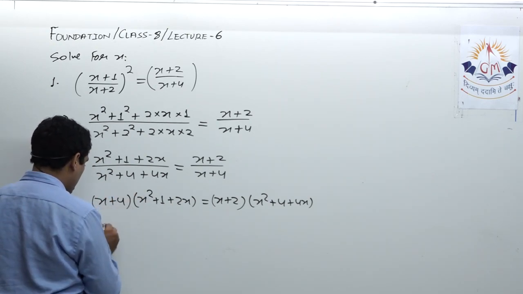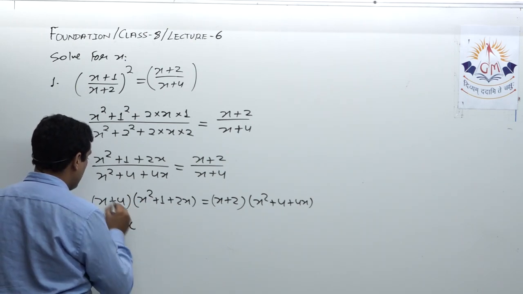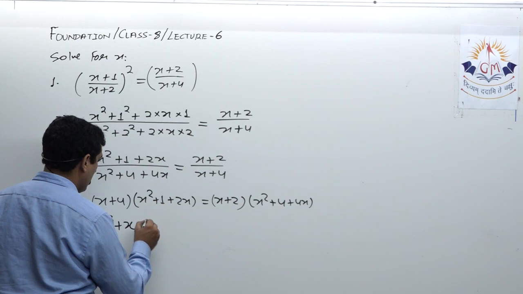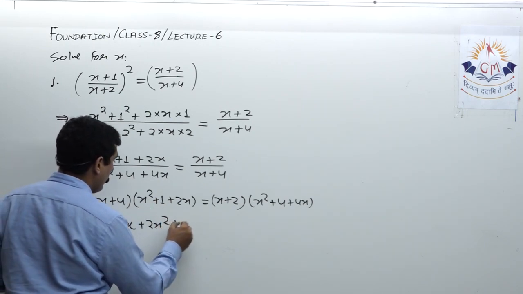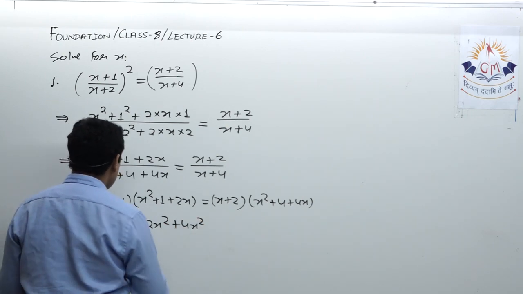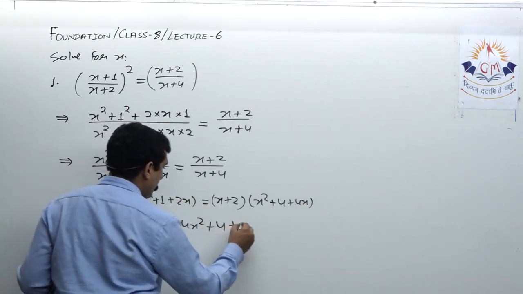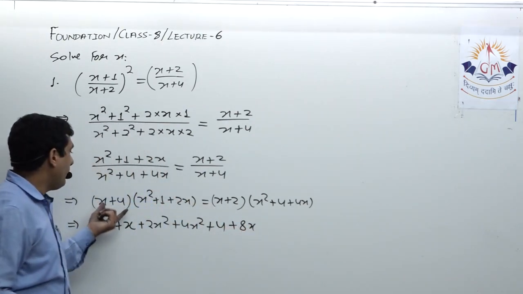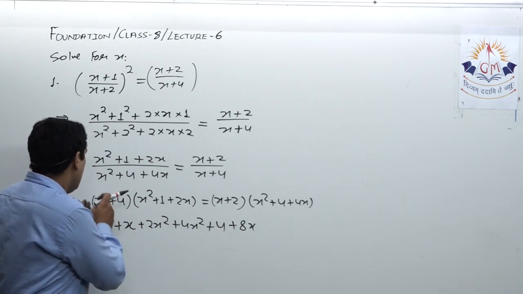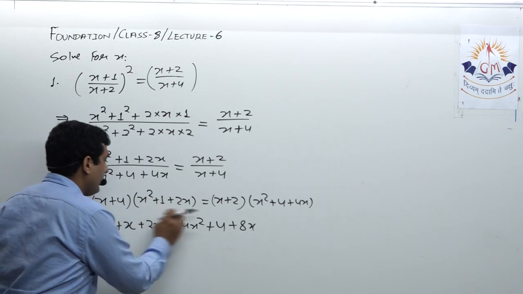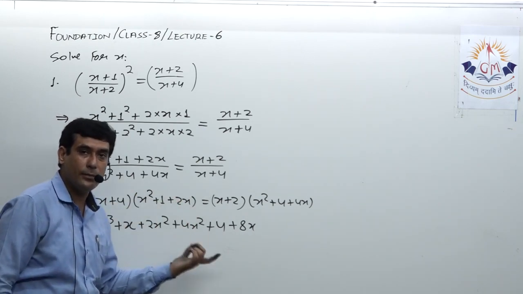X into x square, that is x cube, x into 1, that is x, x into 2x, that is 2x square, then 4 into x square, so 4x square, 4 into 1, that is 4, 4 into 2x, that is 8x. See, here I multiplied a binomial with a trinomial, but unlike the one sum we solved in which I showed you that first x is multiplying with these three, then 4 is multiplying with these three, over here I multiplied the terms directly.